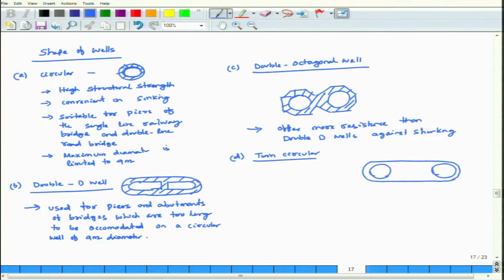Two independent wells placed very close to each other and having a common well cap. The wells are sunk simultaneously.